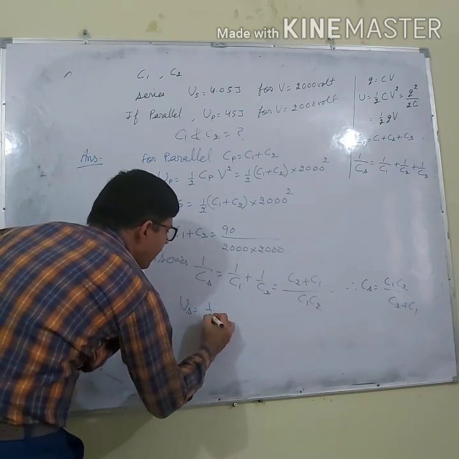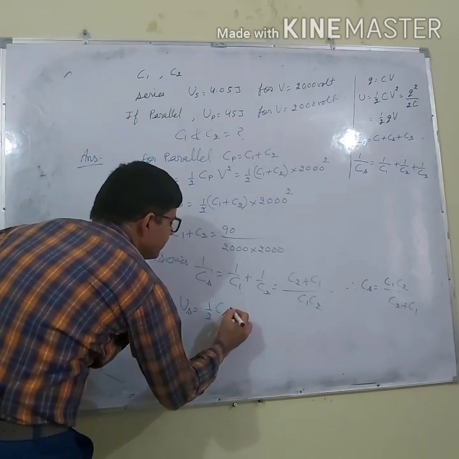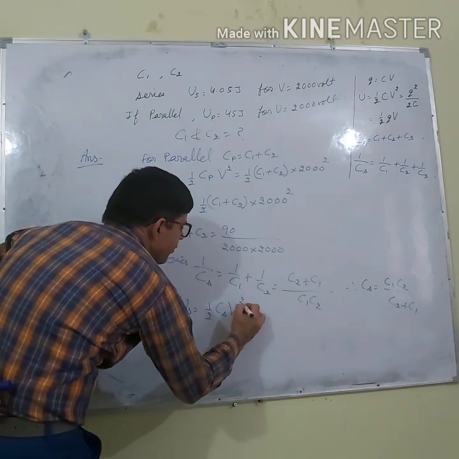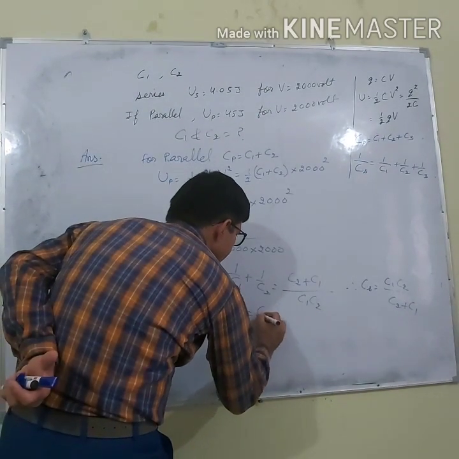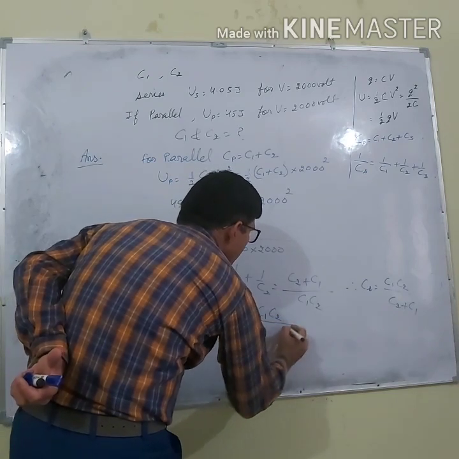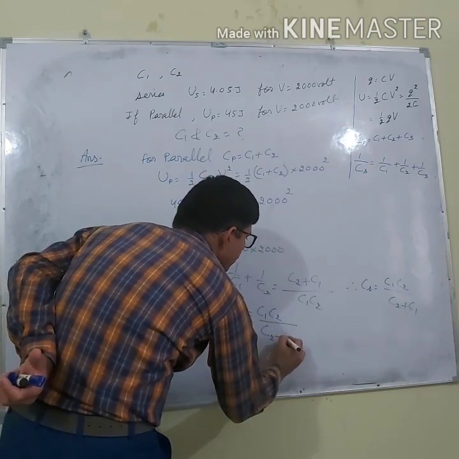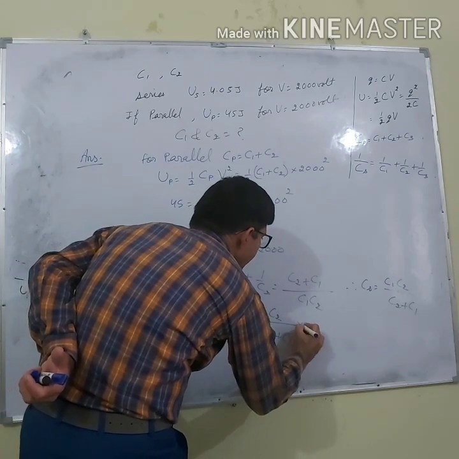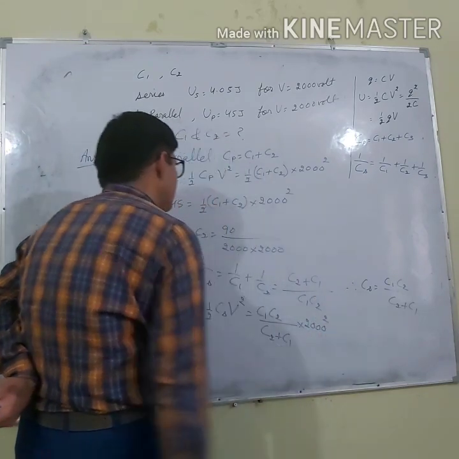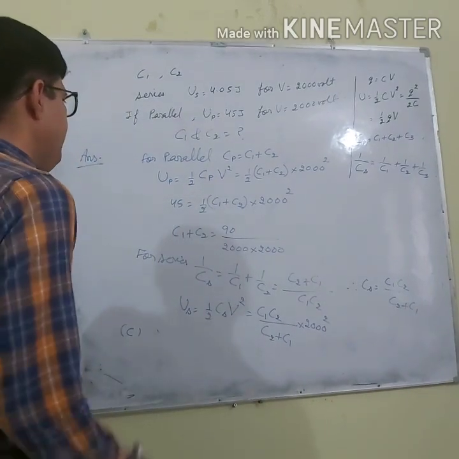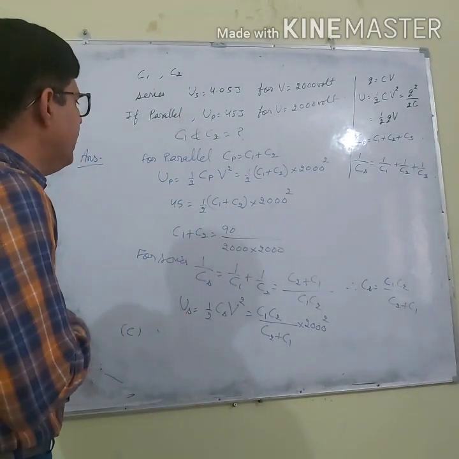US is half of CS multiplied by V square, that is C1 C2 divided by C2 plus C1, and V is 2000 square. Now from here I have to calculate this.